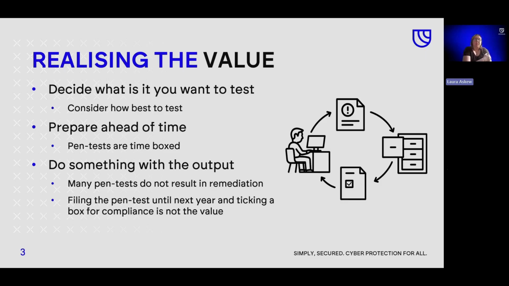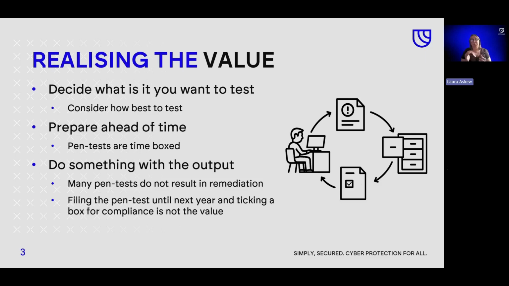So it may sound like, say, you know, obvious, but what is it you're actually trying to test? Is it a particular part of your network? Is it understanding as many skeletons that you can pull out the closet for that duration of time? Is it actually where can you get to in the network?